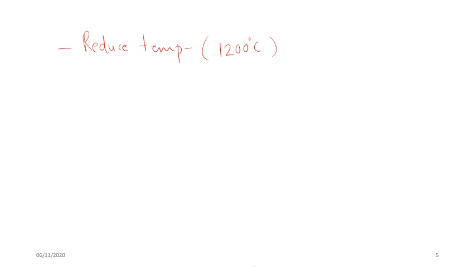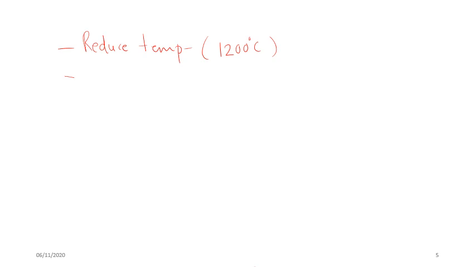So we can reduce the temperature, and we get uniform particles, the desired particle size, and even the cobalt ferrite in nanoparticle size. We can increase or decrease the amount of citric acid depending on the reactions and the requirement, and this way we can do the reactions.